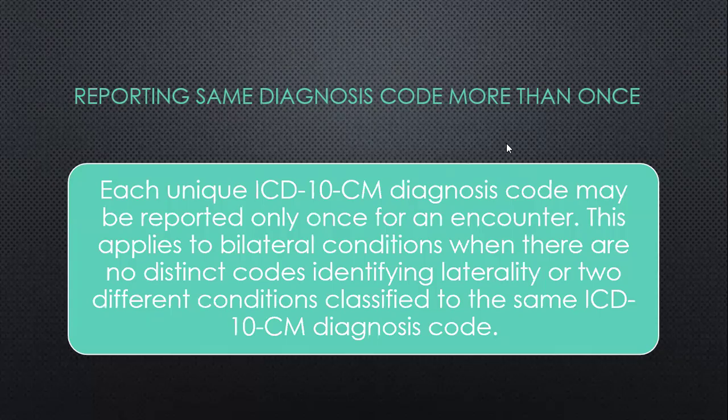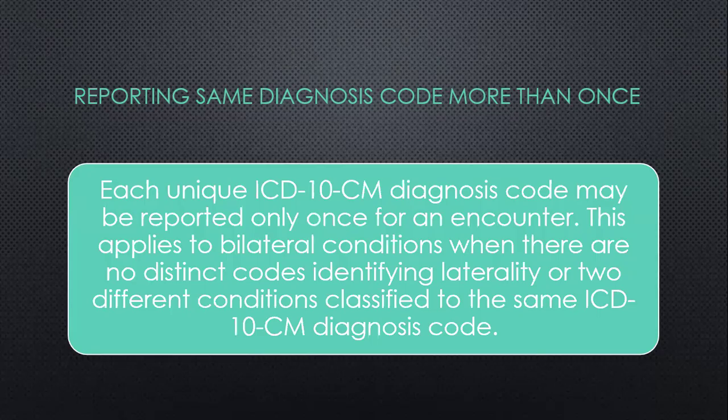So, reporting the same diagnosis more than once. Remember that each ICD-10 diagnosis code can only be reported once for an encounter. This applies to bilateral conditions when there is no distinct code identifying laterality or two different conditions classified to the same diagnosis code.